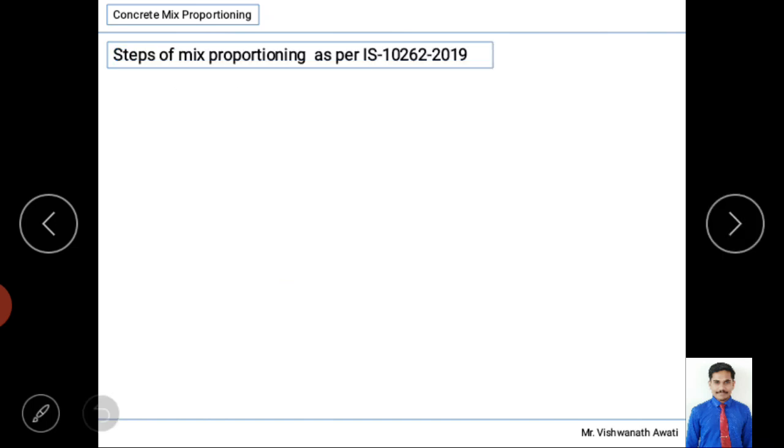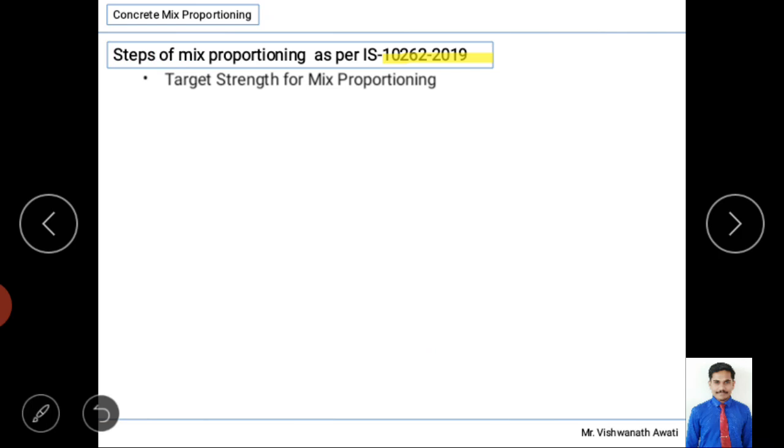Next are the steps of mix proportioning as per IS 10262 2019. It is a code book which is mentioned in your syllabus. According to this only we have to make the design mix. Step 1 is the target strength for mix proportioning. First, we have to calculate the target strength.